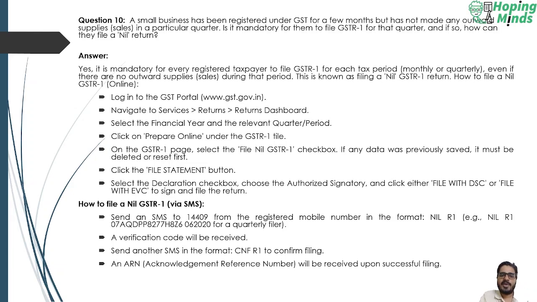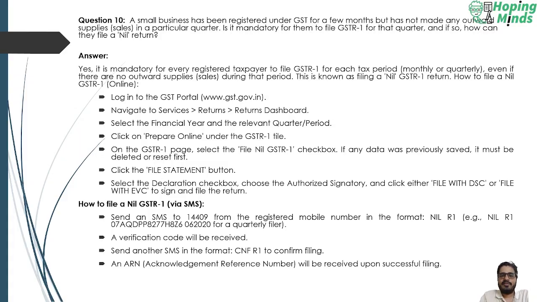Then on the GSTR1 page, select the file nil GSTR1 checkbox that is appearing at the leftmost corner of the GSTR1 return. If any data was previously saved, it must be deleted or reset first in order to file a nil GSTR1 return.